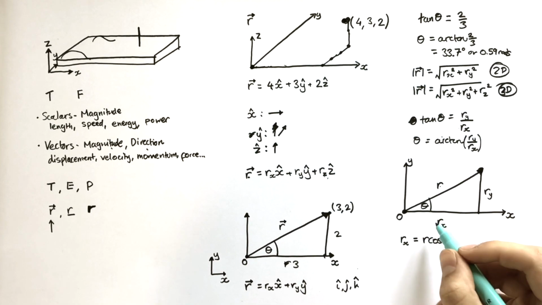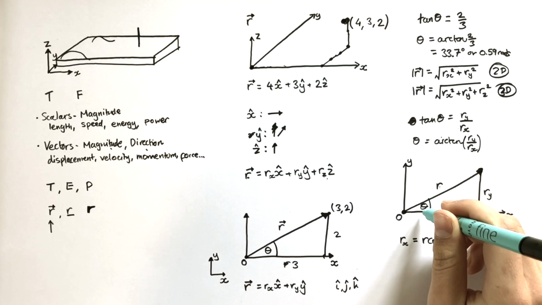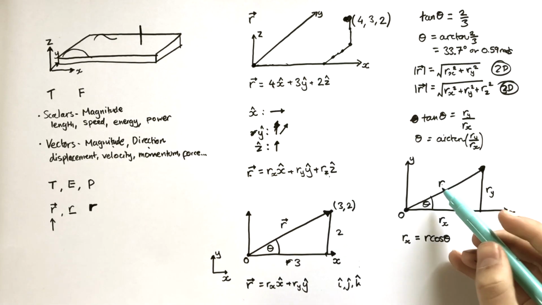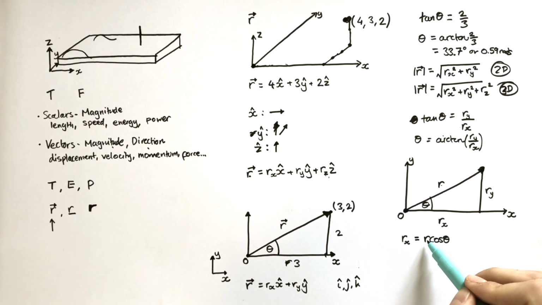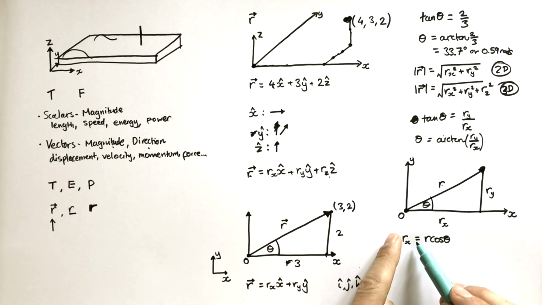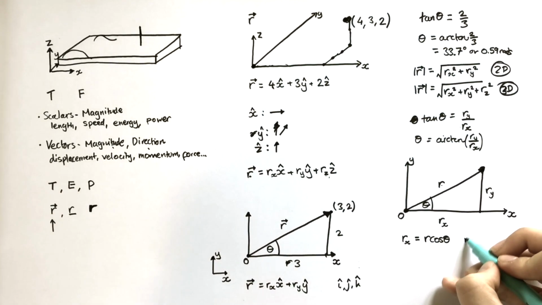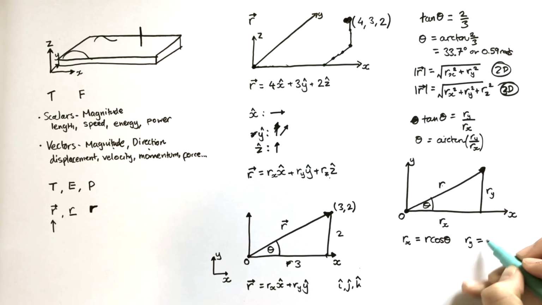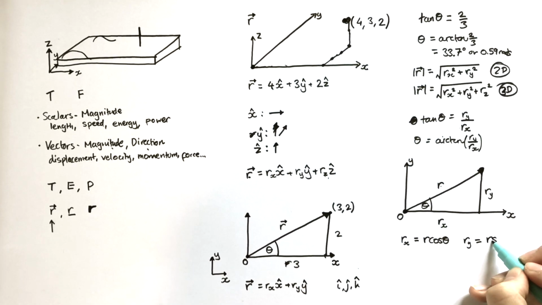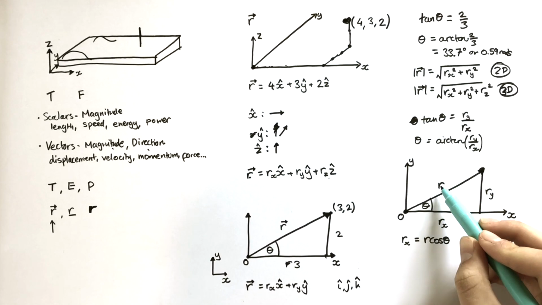That's simply using the fact that cos of theta is adjacent over hypotenuse, so we bring the r up, and then we get r_x in terms of r and theta. And similarly, of course, the y component would be equal to r, however this time times the sine of theta, because of course that's opposite over hypotenuse.